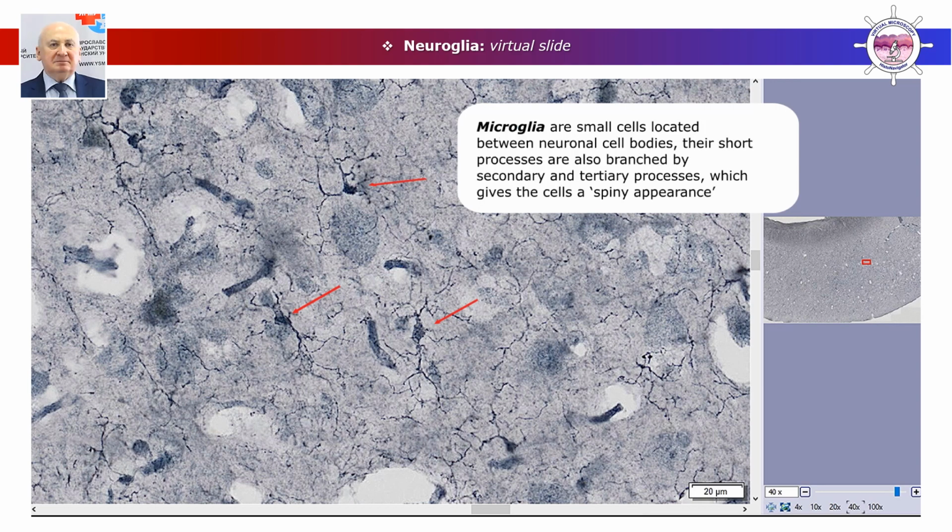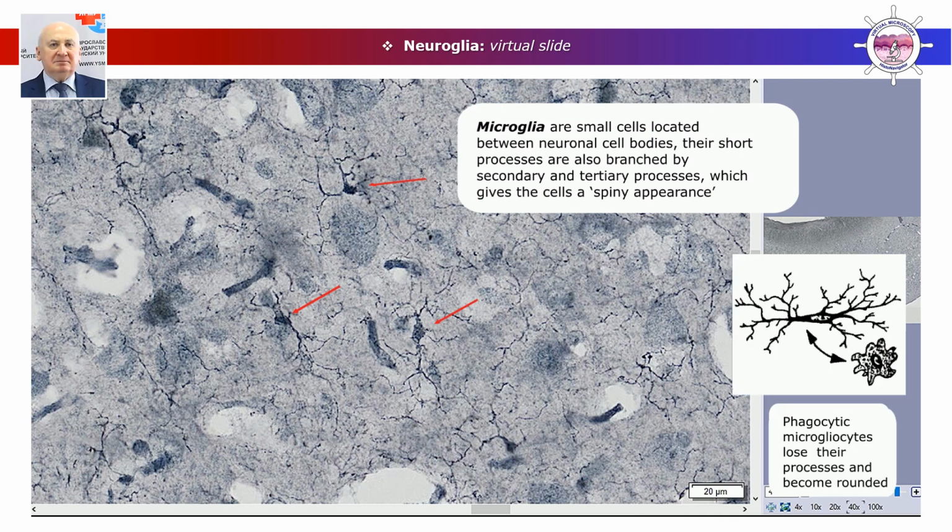Microglia are small cells located between neuronal cell bodies. Their short processes are also branched by secondary and tertiary processes, which gives the cells a spiny appearance. Phagocytic microgliocytes lose their processes and become rounded.